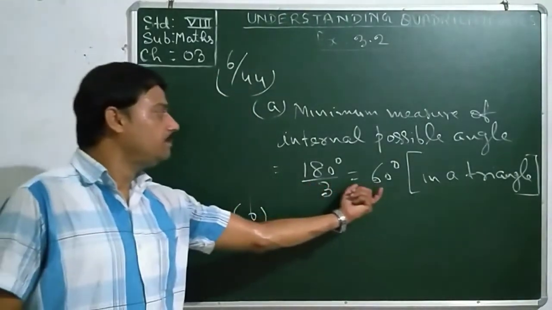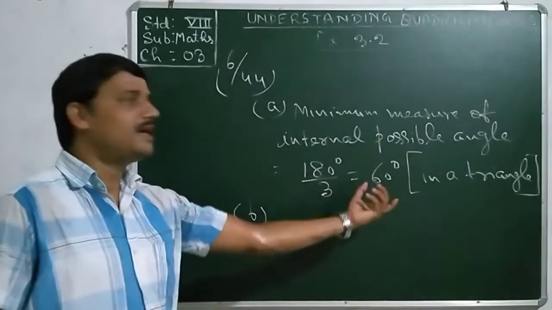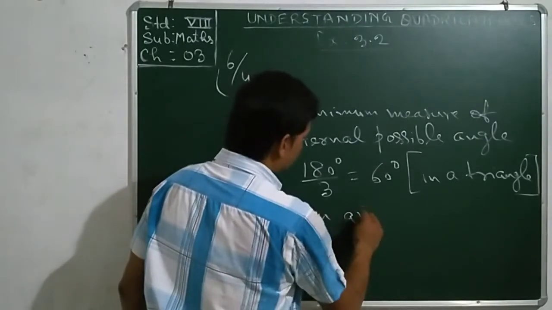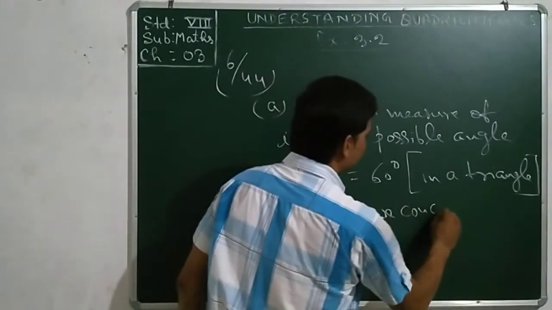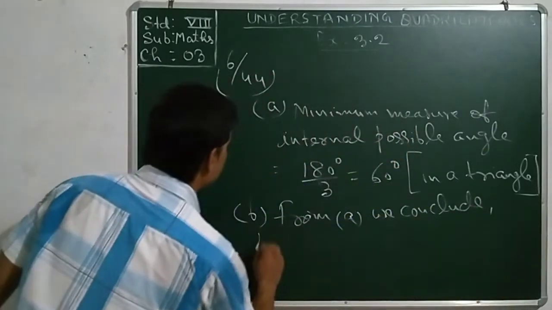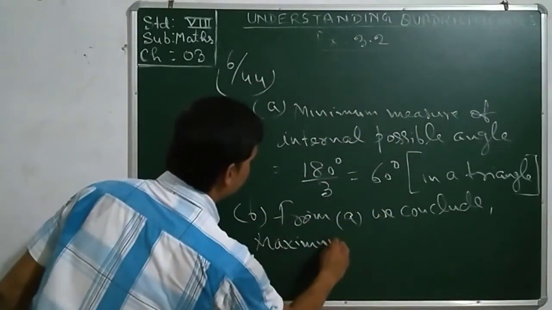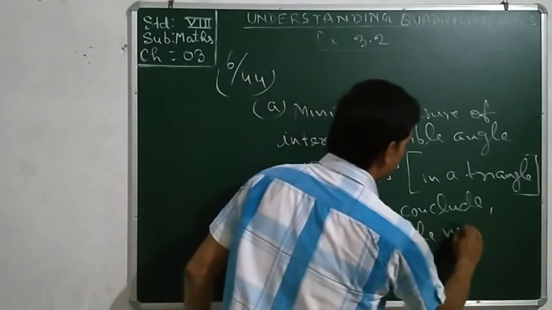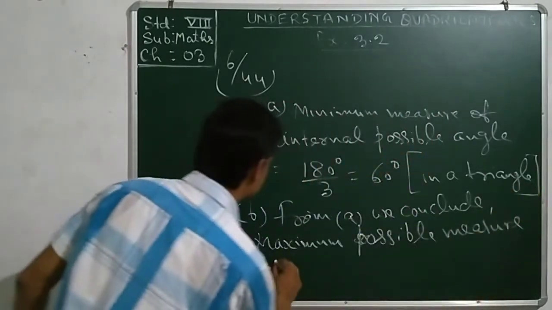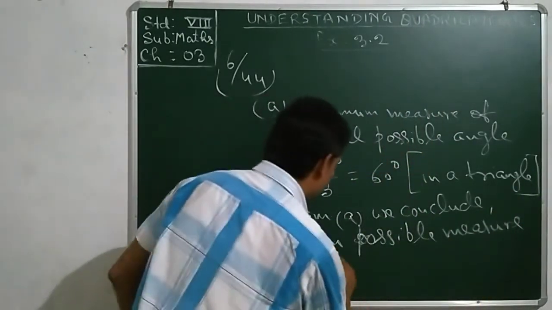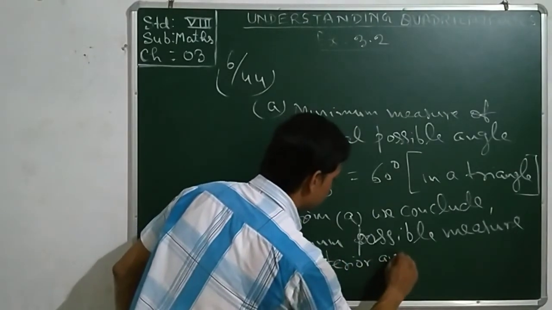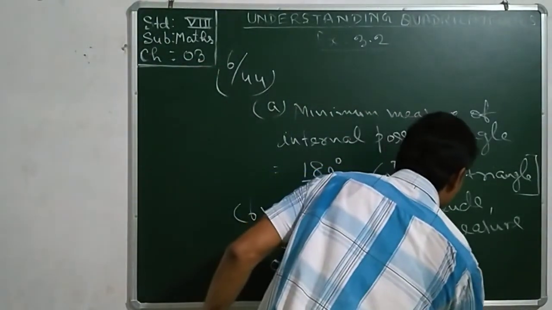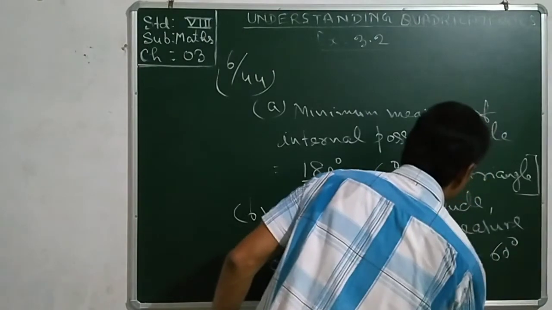So the minimum angle possible was 60 degree, so the supplement of 60 degree from A, we conclude that the maximum possible measure of exterior angle is the supplementary of 60 degree, 180 degree minus 60 degree.